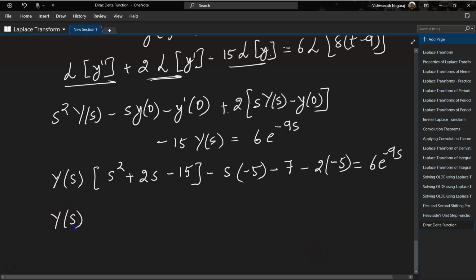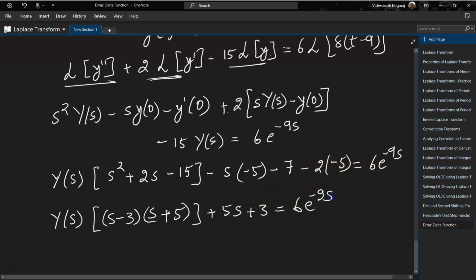Again, Y of s, this we can factorize: s square plus 2s minus 15 is s minus 3 times s plus 5. Right, so negative here and positive, so this should be positive. This becomes plus 5s, this becomes minus into minus, plus 10 minus 7, so plus 3, equal to 6 e to the power of minus 9s.